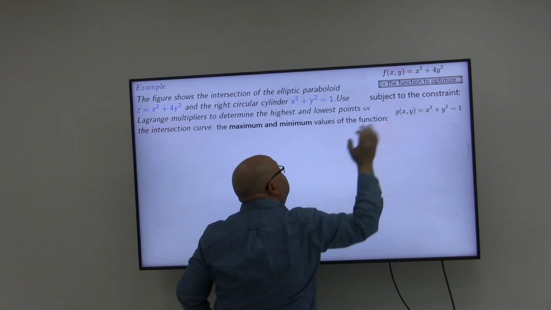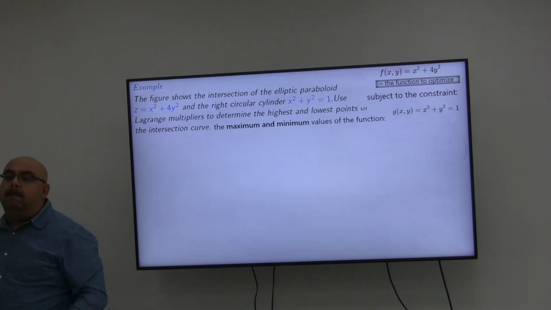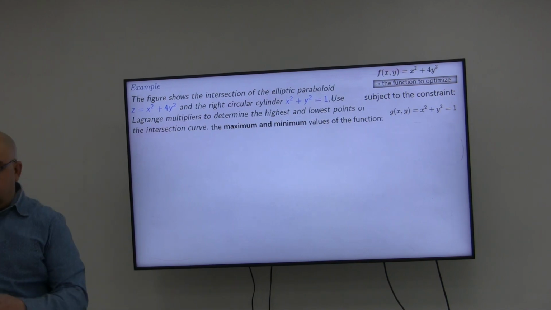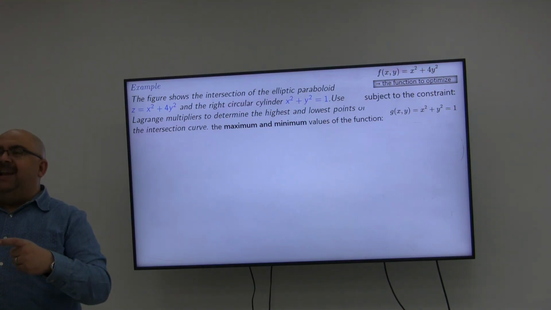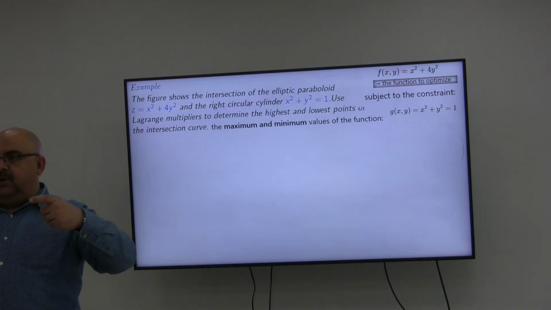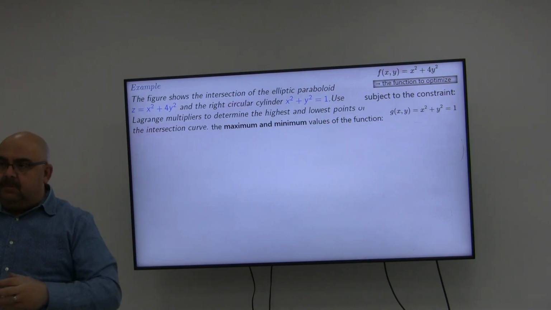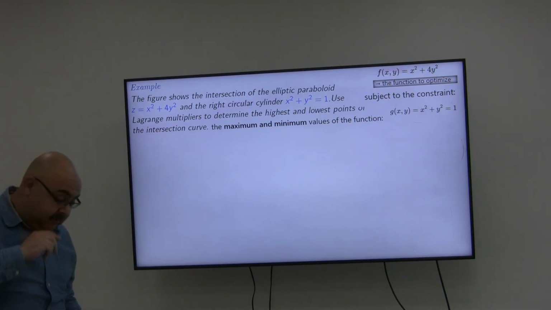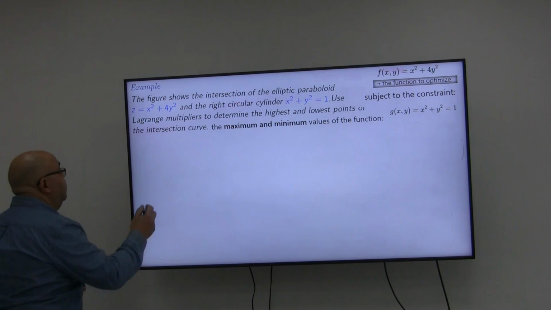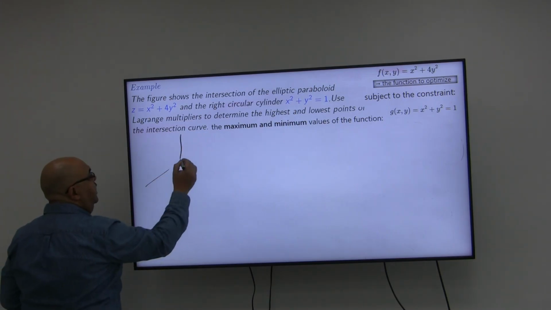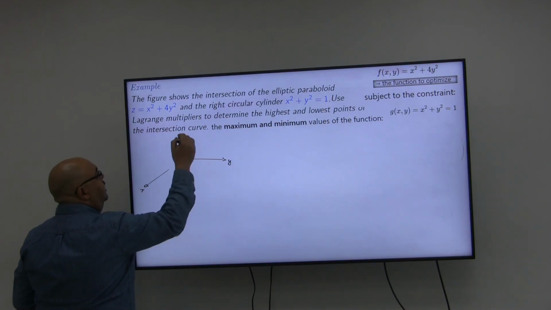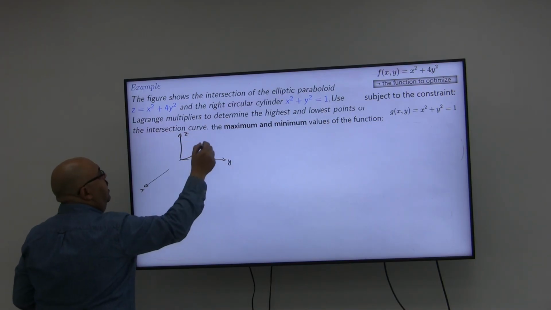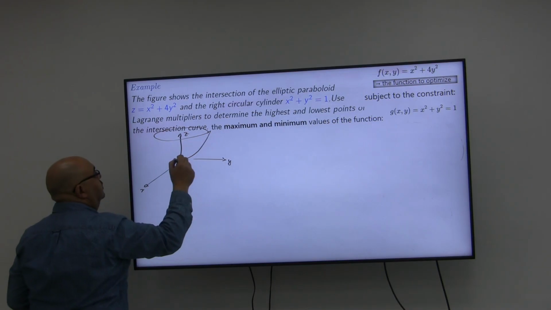Why did I say this is the constraint? Because by logic, the diameter of the cylinder is fixed. But the diameter of the level curves of your function is spreading. It's a paraboloid, you understand what I'm talking about. If this is x, that's y, and that's z, that's the paraboloid we are talking about.